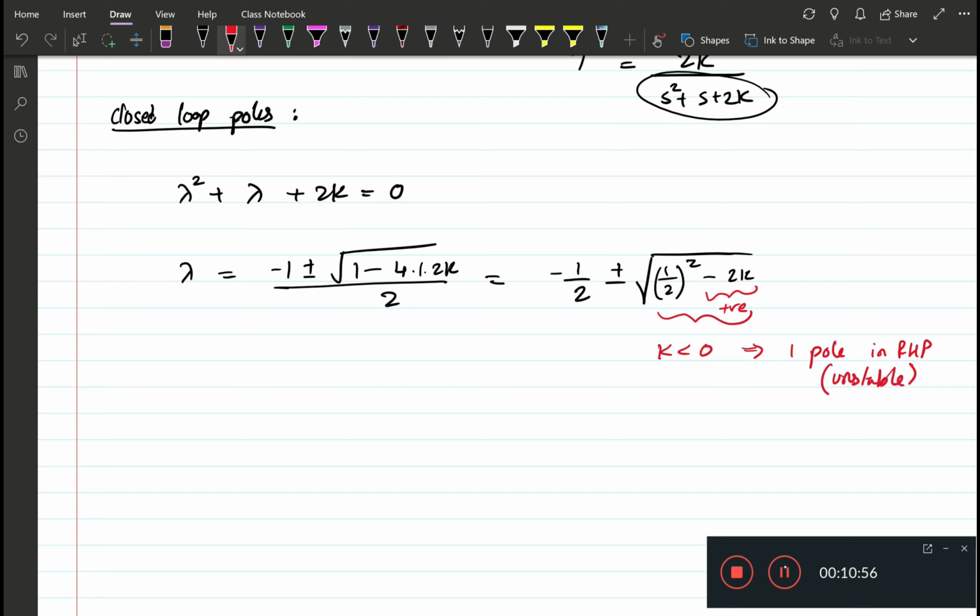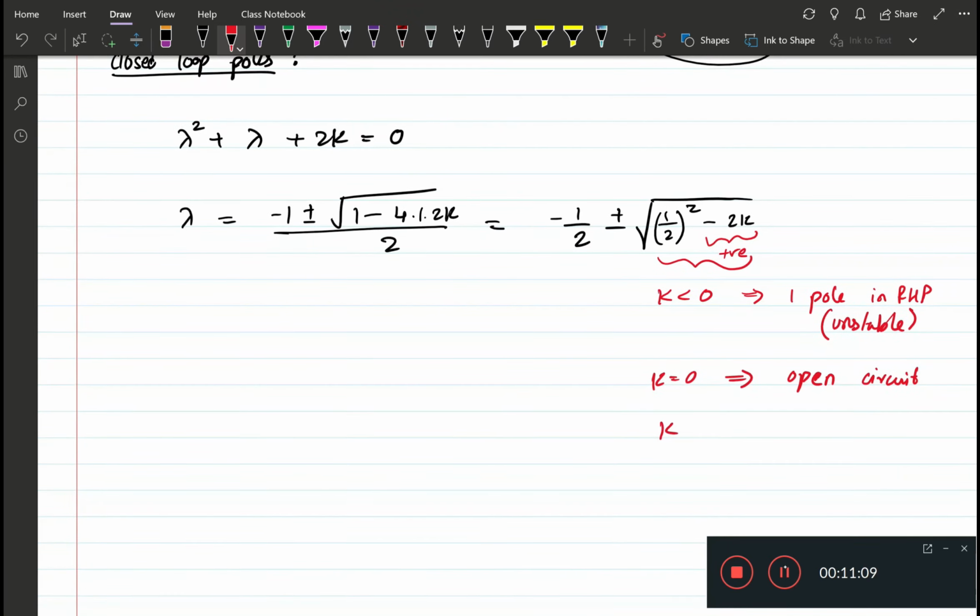So k has to be positive or 0. Clearly if k is 0, then we have open circuit, so we don't have a feedback loop anymore. So k has to be positive for stability.